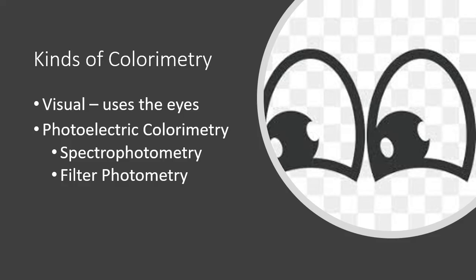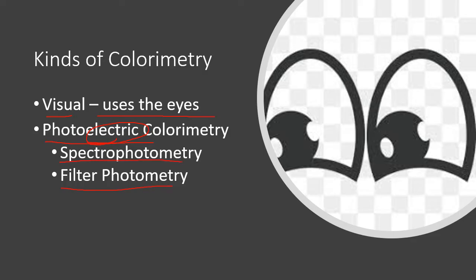Now, kinds of colorimetry, we have visual, which uses the eyes. Kung nagawa nyo na po yung Benedict's test, tsaka yung mga color changing reactions natin, those are types of visual colorimetry. Now, under photoelectric colorimetry, which uses basically a photodetector and electricity, of course, kaya siya photoelectric, is spectrophotometry and filter photometry.